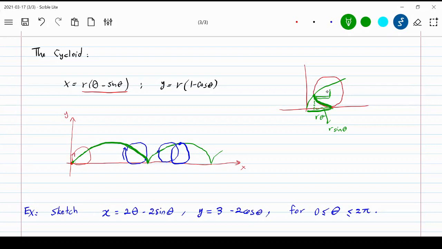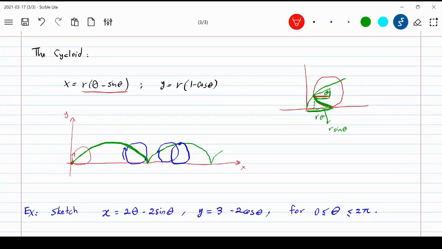There we go. Here's theta. r sine theta would be the corresponding length here, so r sine theta would be this side of this triangle. And if you subtract that from r theta, what you get is basically the corresponding x coordinate.